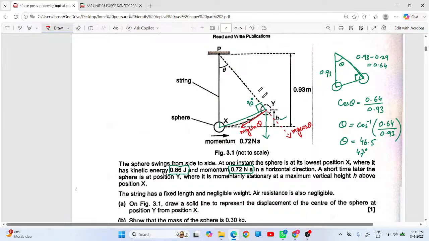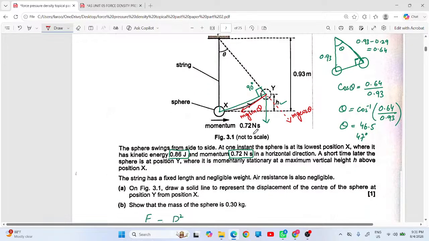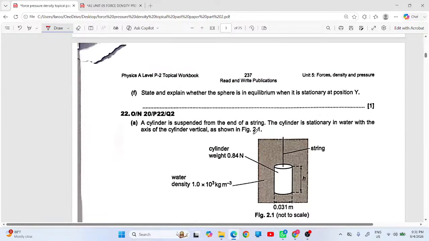Okay, mg cos theta will be balanced with the tension, but still we have a one component of the weight which is mg sin theta. तो हम कहेंगे not in equilibrium because there is a resultant force at y, that is mg sin theta. So it is not in equilibrium.